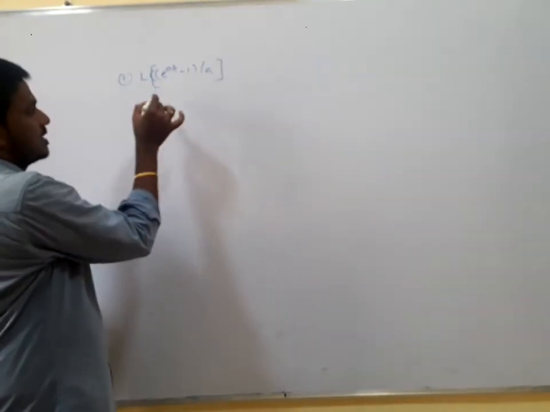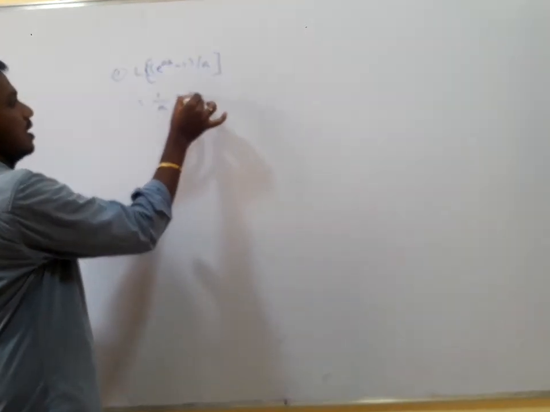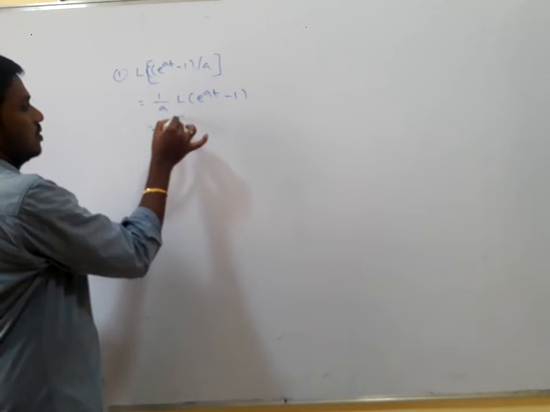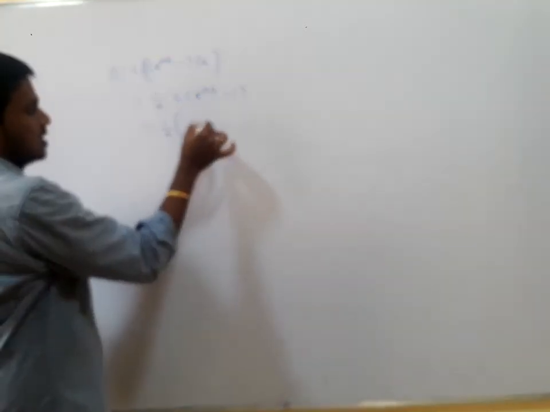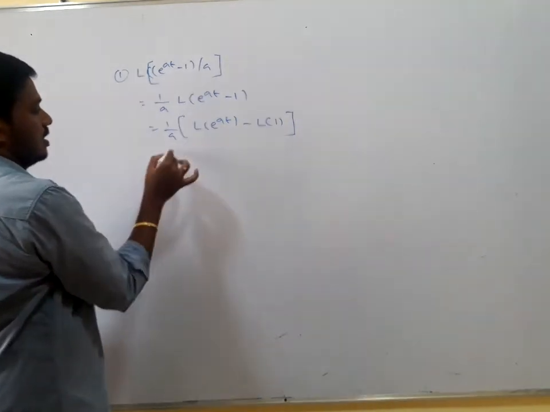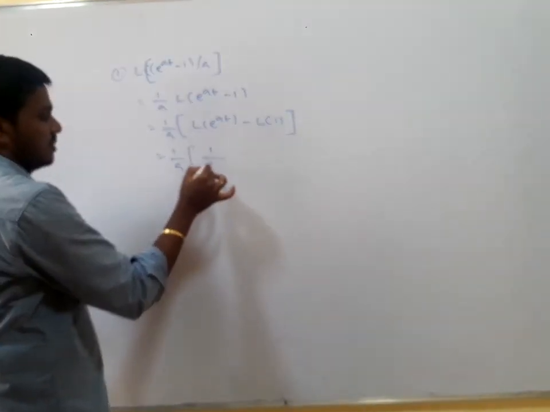Yes, 1 by a is a constant. Write it by using the linear property: 1 by a into Laplace transform of e to the power of at minus 1 by a into Laplace transform of 1. It is 1 by a into Laplace transform of e to the power of at, which is nothing but 1 by s minus a.